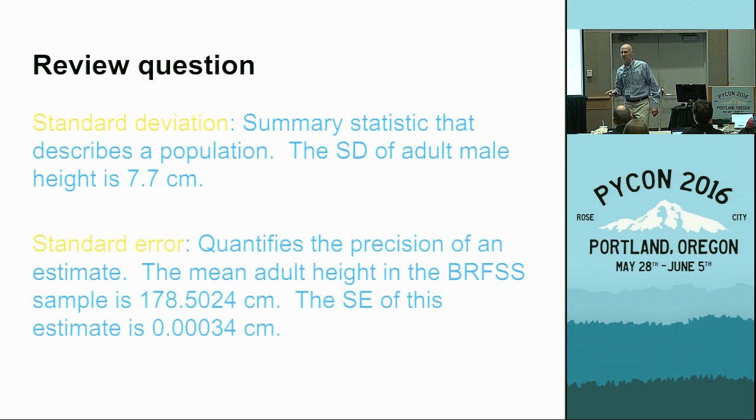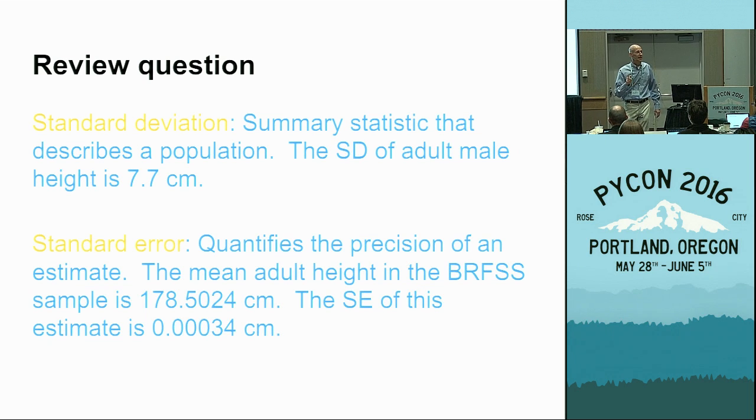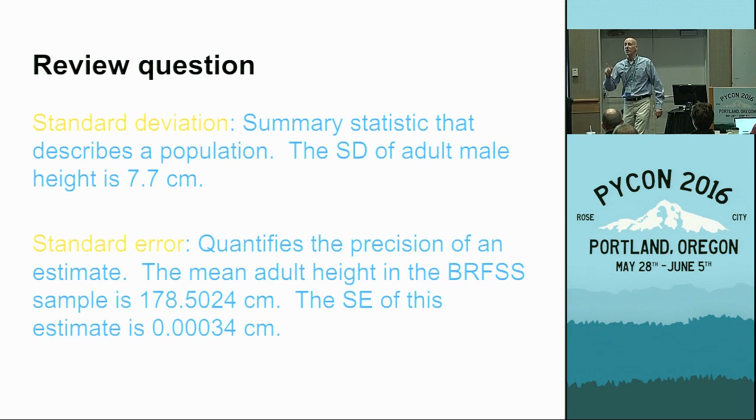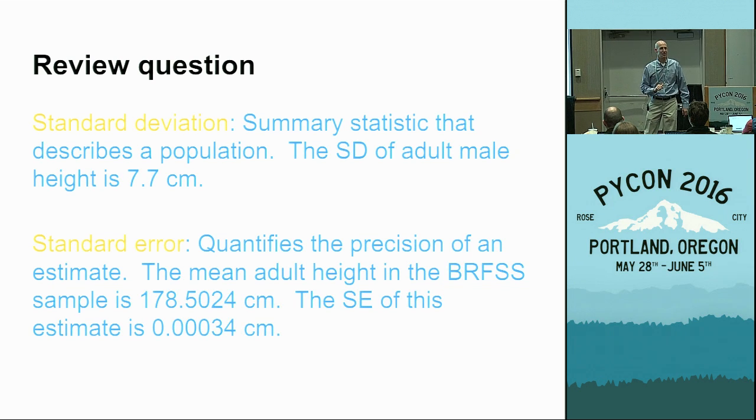And you're going to ask me, how precise is that estimate? You're asking me about the estimate, not the population, and I'm going to tell you, oh, it's an extremely precise estimate because my sample size is more than 300,000, and so my standard error is 0.00034 centimeters. That is a measure of the precision of the estimate.